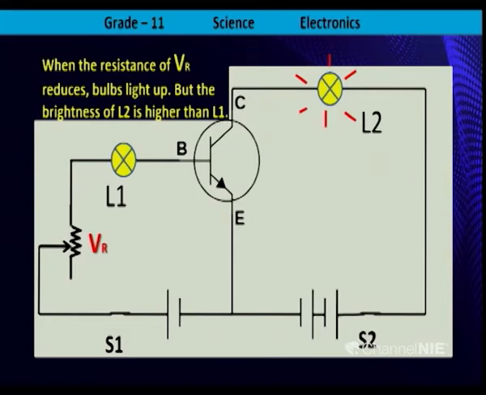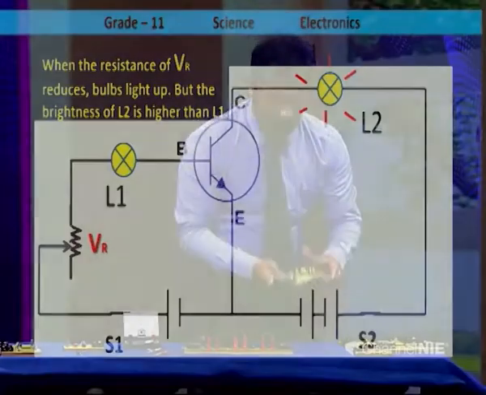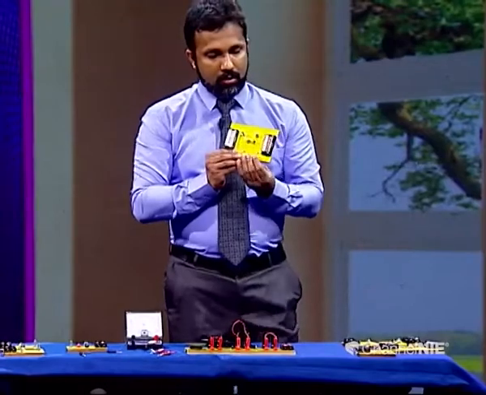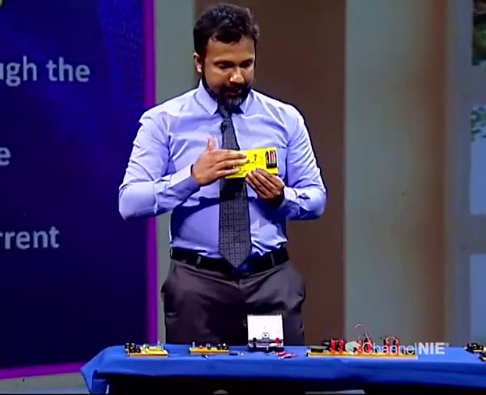You know, my dear children, a variable resistor means a resistor where the resistance can be changed as we need. Right. Before going to the conclusion, let's do the activity. Here, input circuit, output circuit.